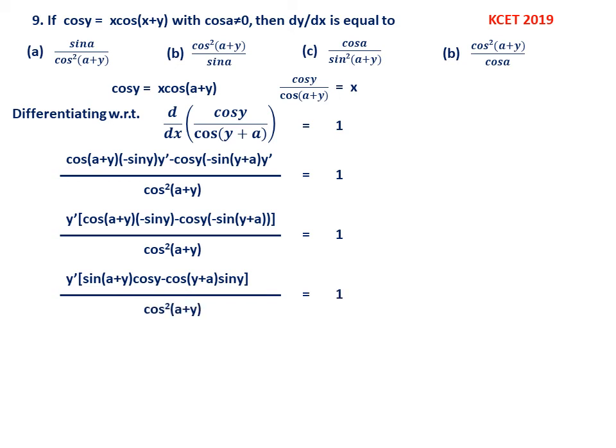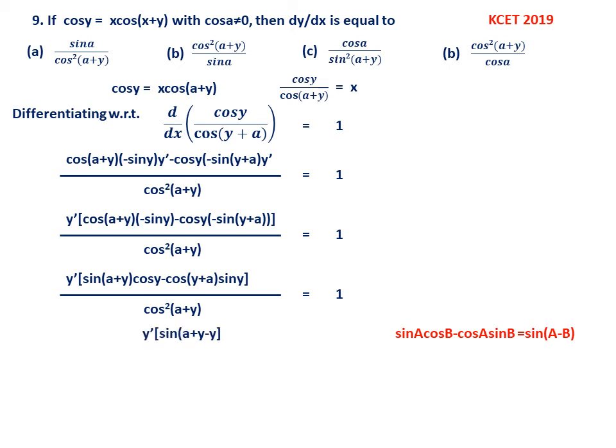Now if you closely look, y dash into whatever is inside the bracket, we get sin a. So I will show you how you get it. See, sin A cos B minus cos A sin B is sin of A minus B. Here capital A is a plus y, capital B is y.